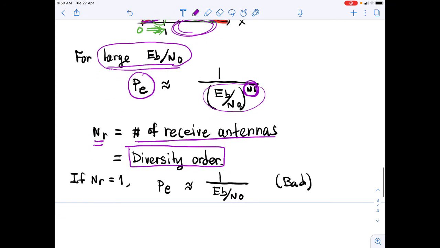Now, remember, if NR is equal to 1, if we only have one receive antenna, then it's going back to 1 over Eb over N naught, which is very bad. We did some simulations and talked about this before. So this is about receive diversity.